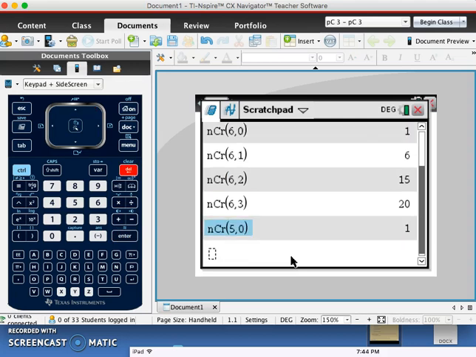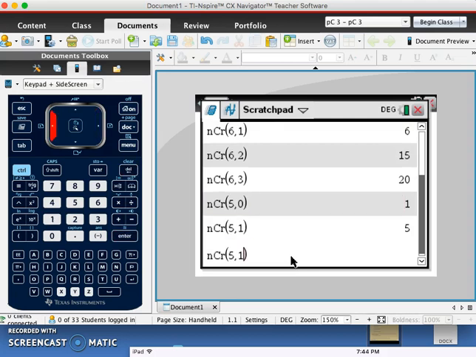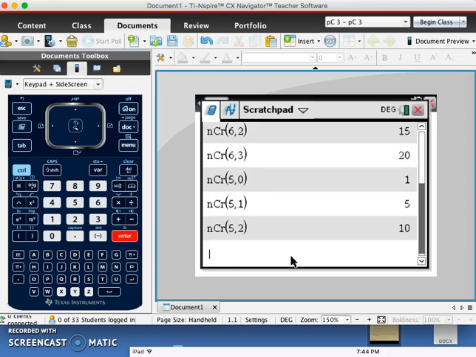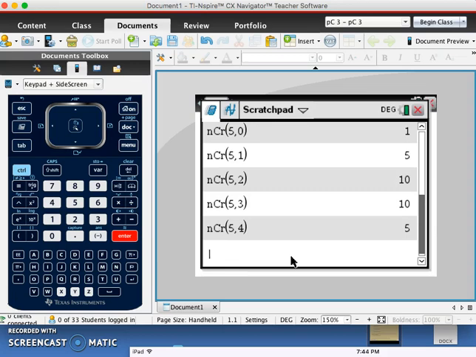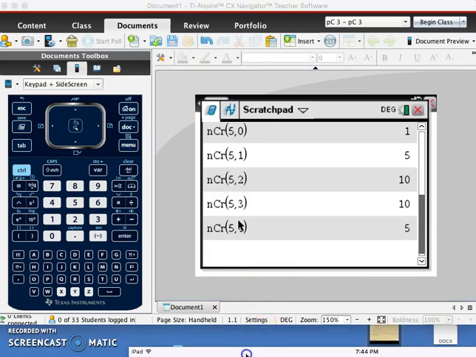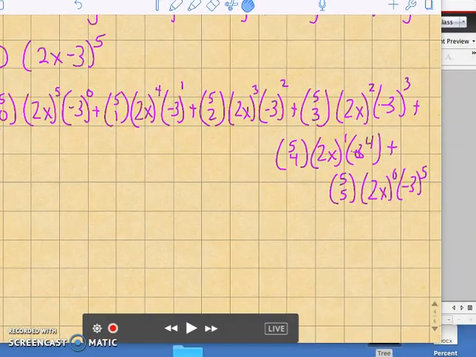They're always going to be 1 in the number. 5c2, 5c3, 5c4, and then it's going back down. So if we go back to our screen, 1, 5, 10, 10, 5, 1.